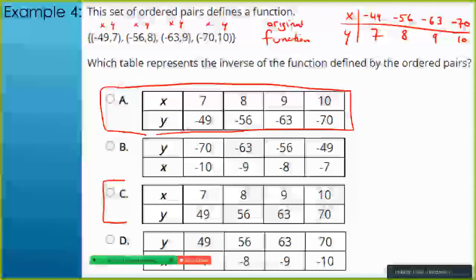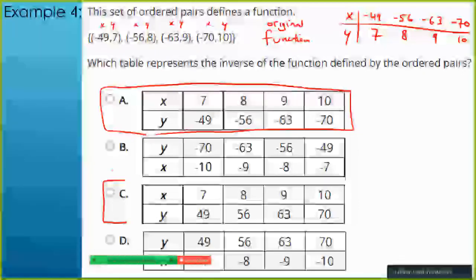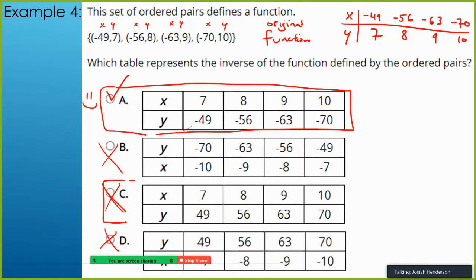There's nothing about an inverse that says everything changes to positive. The rule is all the inputs become outputs and outputs become inputs. That's what the inverse is. It does the opposite of the original function. So it's not C, it's A. Because we can compare that to the original points given to us above.